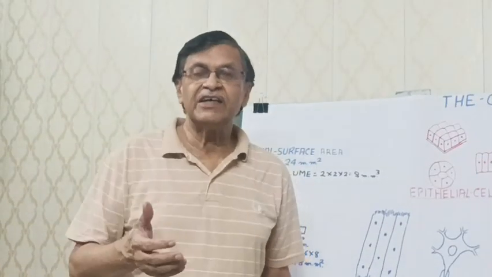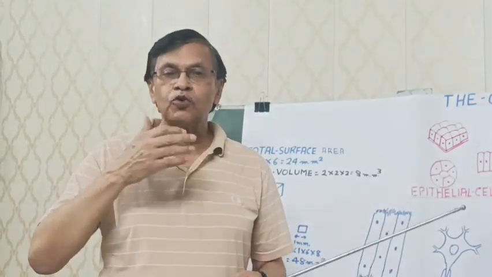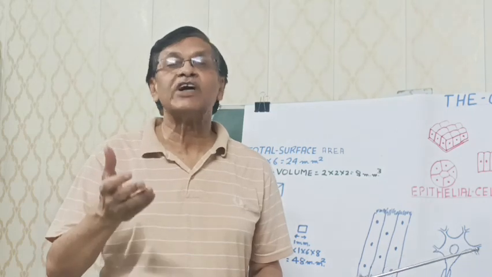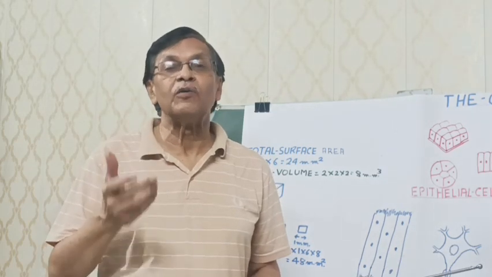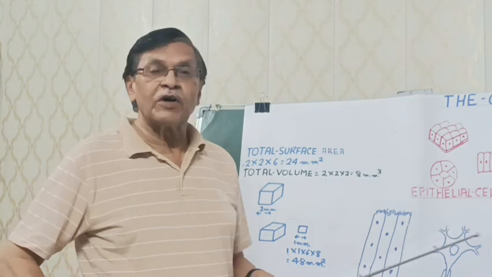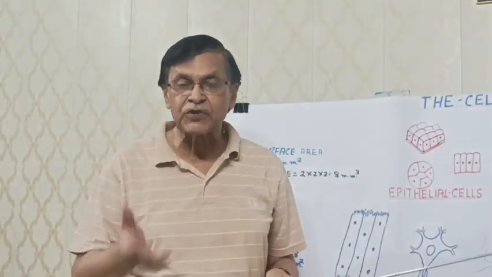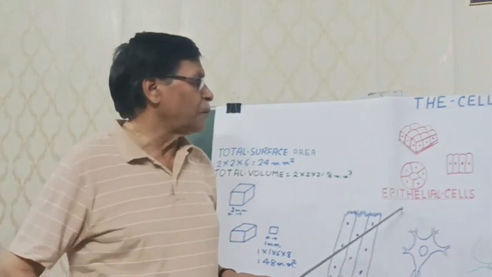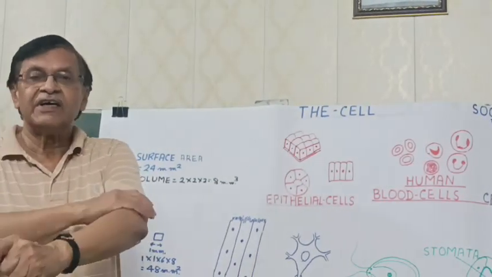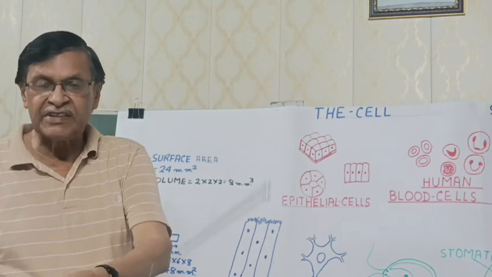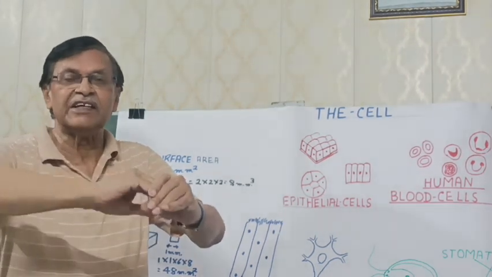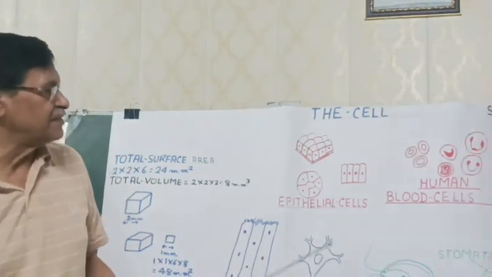The second thing is that in our body many tissues are there. Tissues are groups of cells which perform the same function. For performing different types of functions, we have different shapes of cells. For example, in our outer epithelium or inner epithelium, we have epithelial cells.